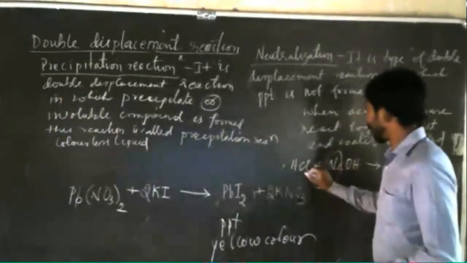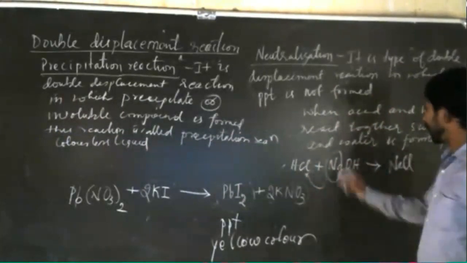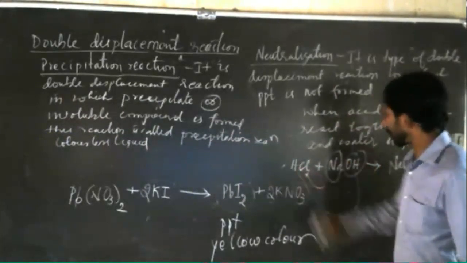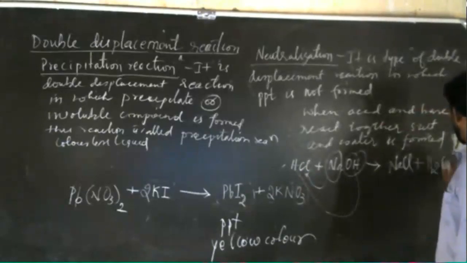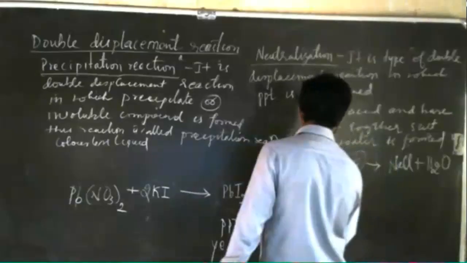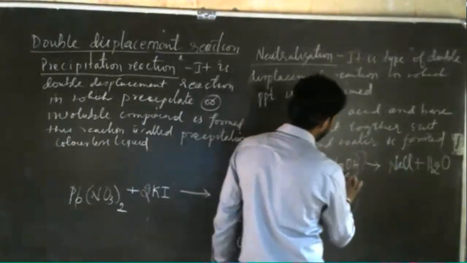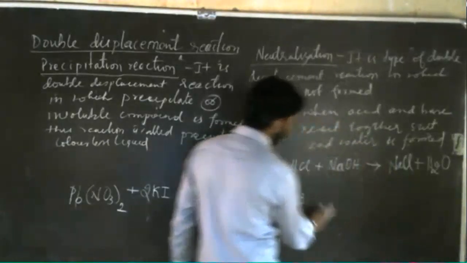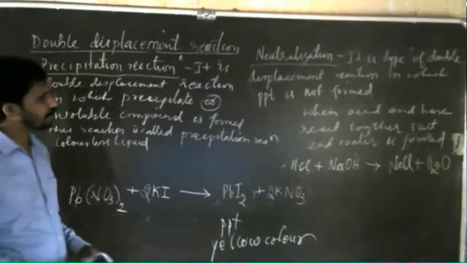Both these ionic compounds mutually exchange their radicals to form two new products. Here, sodium will react with chlorine to form NaCl, salt. Then OH hydroxide will react with H, so H2O is formed. This is known as neutralization reaction.